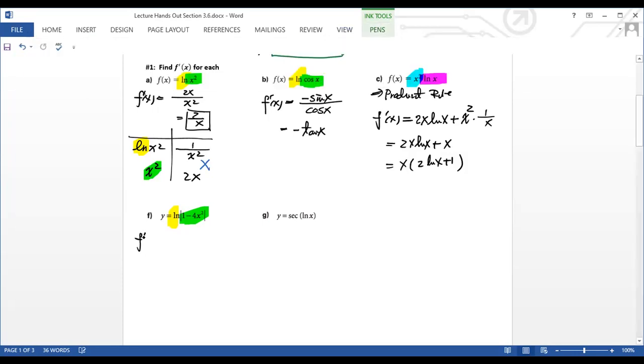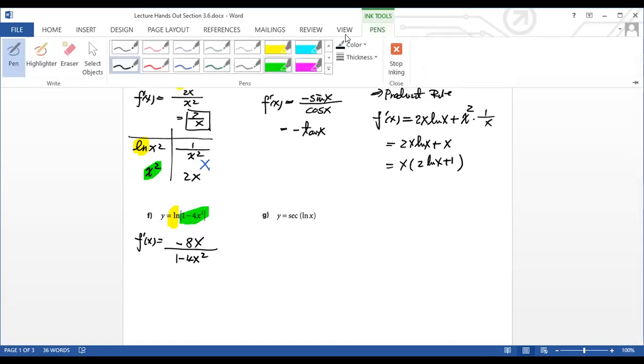The f prime x here will just be, you put everything, remember the absolute value is the same, right? So this will be 1 minus 4x squared. Then what is the top here? The top is the derivative of these functions, right? So what is here is a negative a to the x here.